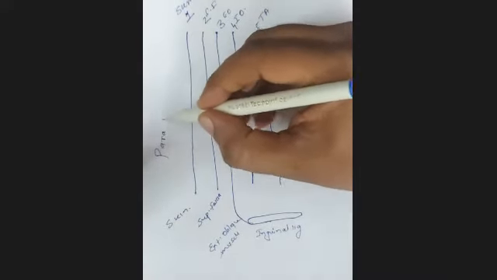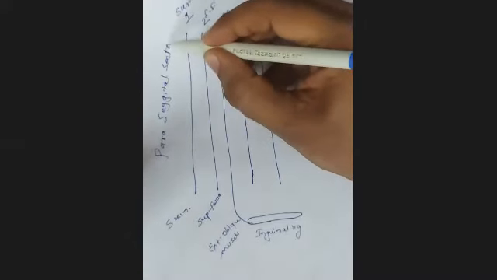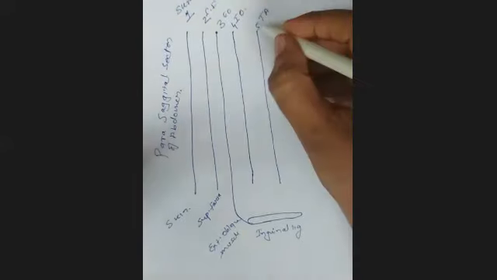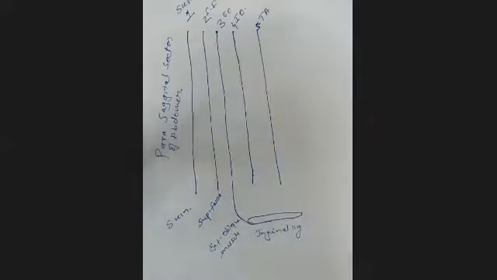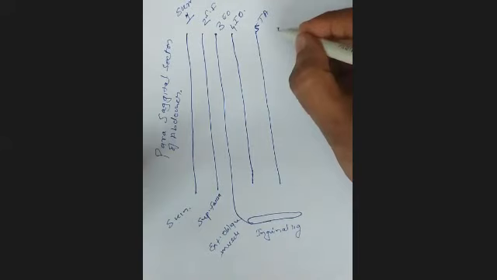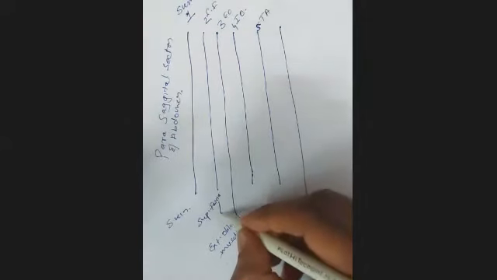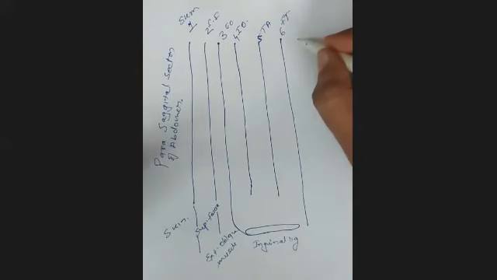What I'm drawing is a parasagittal section of the abdomen. Layer 6 is fascia transversalis.